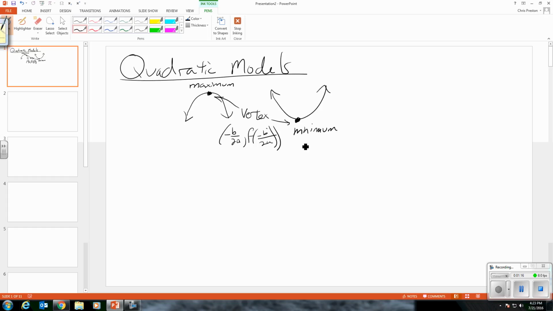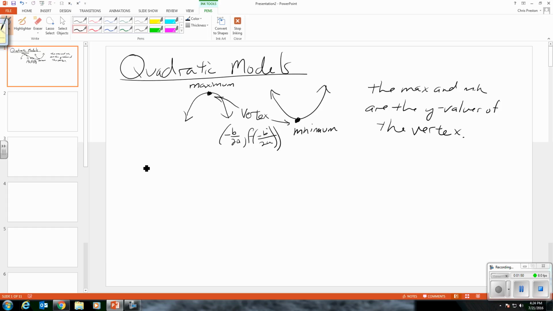So the y values of the vertex are the max and min. Depending on whether it's a max or a min, that's which y value it is.